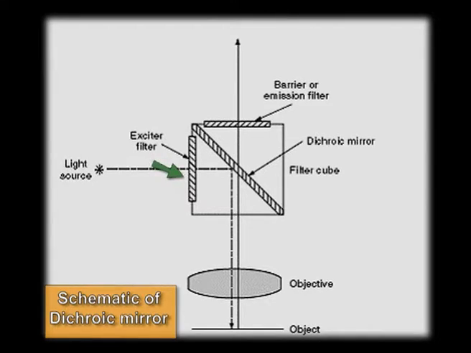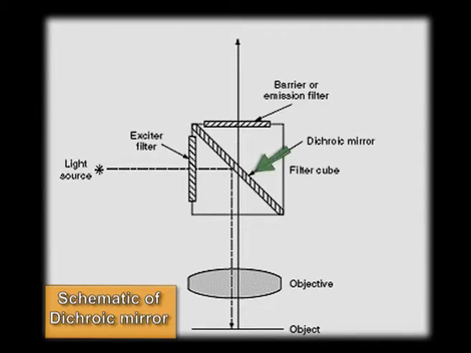The excitation filters are usually band pass filters which allow a particular band of wavelength or light to pass through. So let's say I want light of only around 470 to 480 nanometer or even 490. So the excitation filter has to be adjusted only to allow that band of light. After the light passes through, it passes through a dichroic mirror.